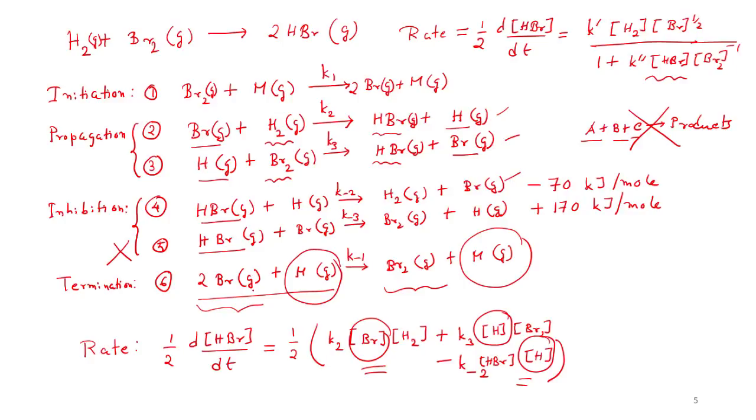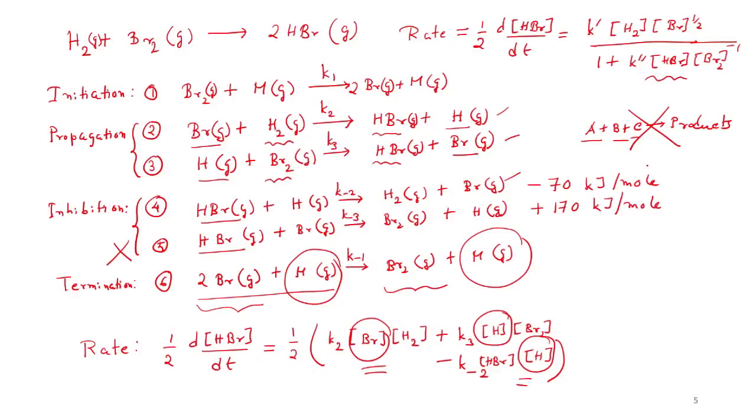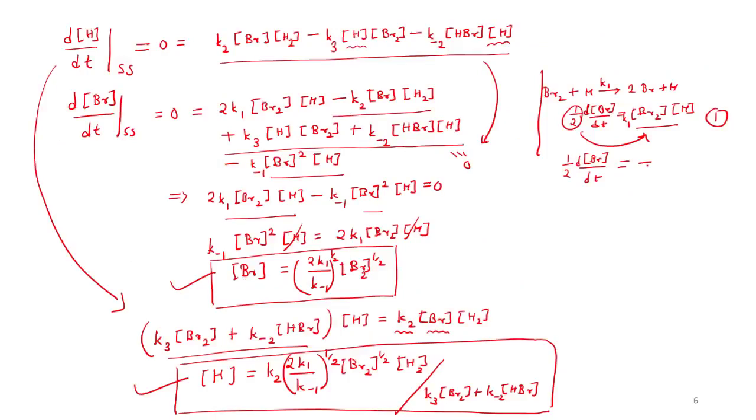So from the same logic, it is half d[Br]/dt for step number 6, just like step number 1 had this half factor, minus K minus 1 into bromine squared into M. So there will be a 2 factor, so this 2 will cancel, and there will be no 2 here.